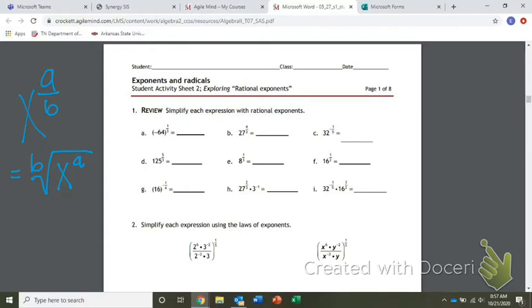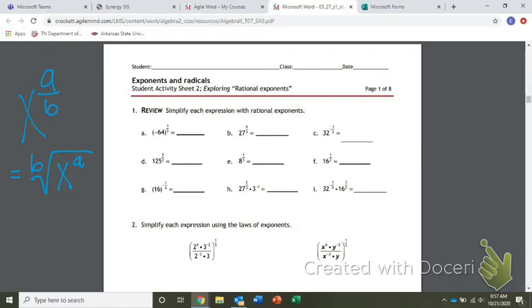So, what we're going to do is rewrite each example. Maybe not all of them, just a few of them, because they're all the same. So, the first one, we have a negative 64 raised to the power of 1/3. Okay?